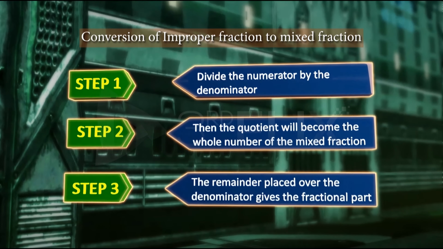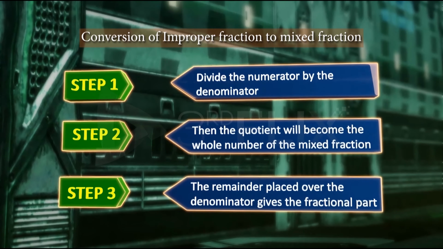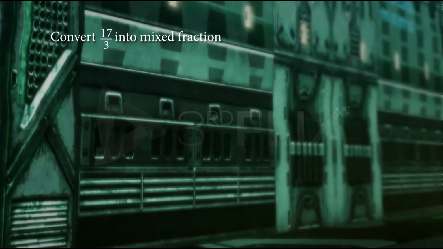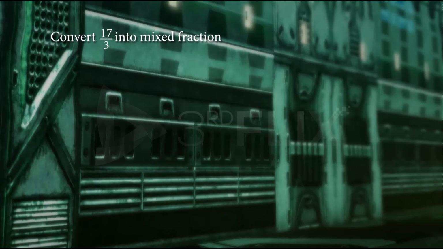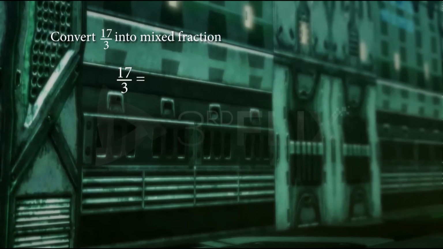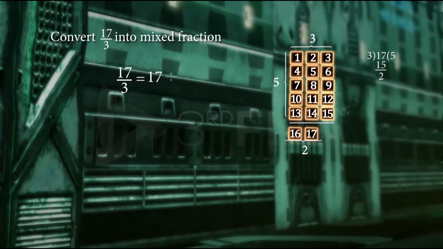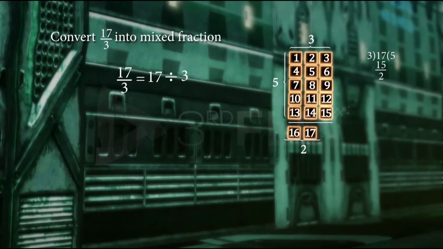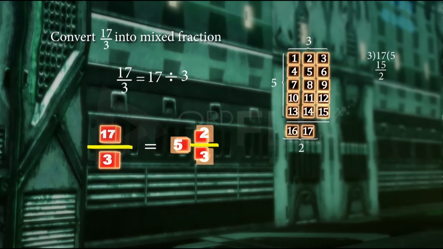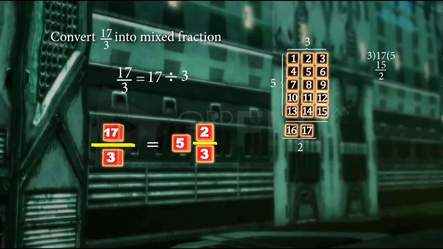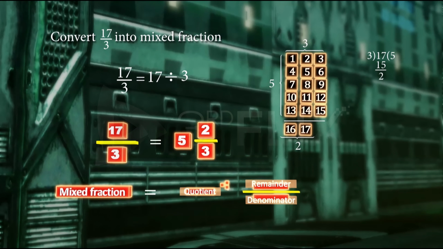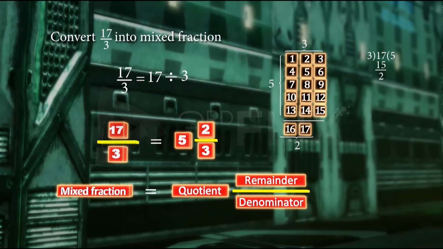The remainder placed over the denominator gives the fractional part. Convert 17 by 3 into a mixed fraction. 17 by 3 equals 17 divided by 3. Therefore, 17 by 3 equals 5 2 by 3. Hence, mixed fraction equals quotient, remainder by denominator.